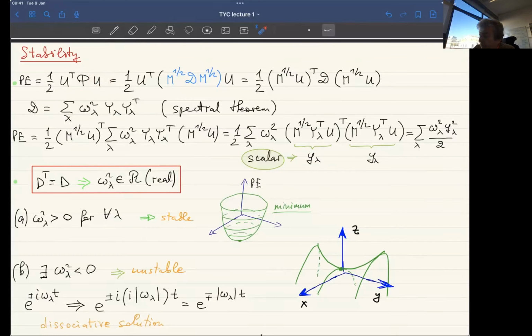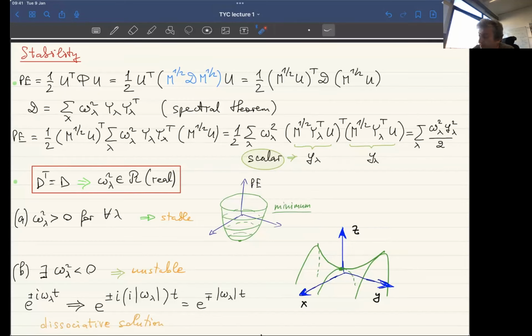Then what I can do is replace this Phi with a dynamical matrix. Then these masses to the power 1/2 appear, and this matrix I can combine with that U, as shown here. And then I can write D in the so-called spectral representation, via its eigenvalues and eigenvectors. Just remember, omega squared are eigenvalues of the matrix D, and Y lambda are its eigenvectors.